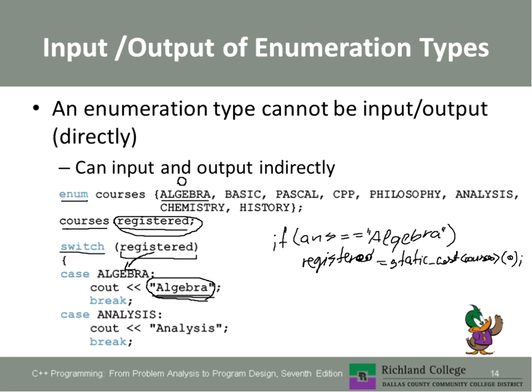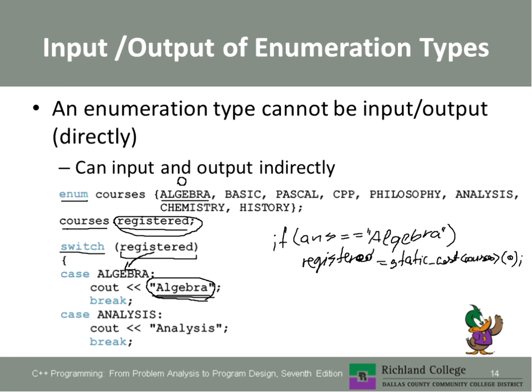So as far as we are concerned, in a program, you might look at the enumeration type as creating a little bit more work than not using it and just saying registered equals algebra, and that way you just set registered as a string. If that would be a string, you could directly say cin registered, and that would set registered to algebra.